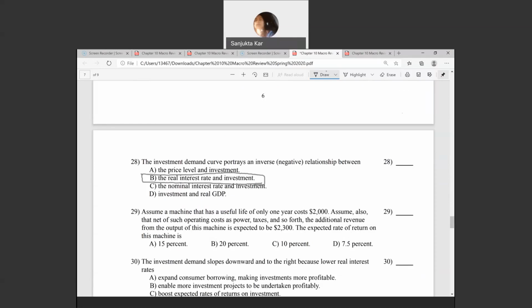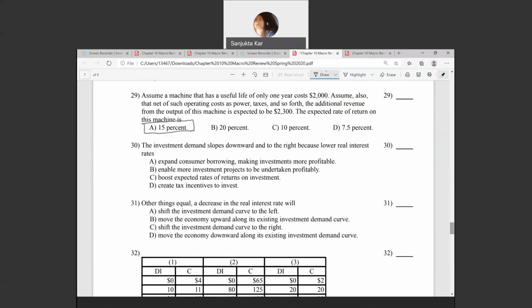Question 29. This is a repeat, and we did a question like this at the beginning of this video, so please take a look. The answer will be 15% here. Question 30. The investment demand curve slopes down and to the right because a lower interest rate enables more investment projects to be undertaken profitably.